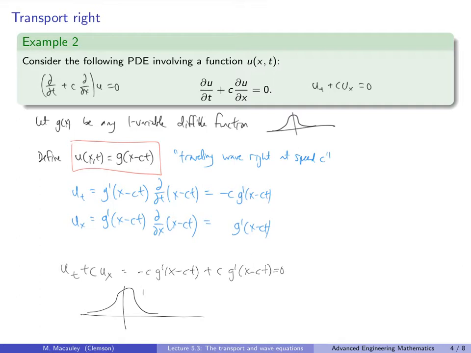So this is u of x, 0 equals g of x, and then at time t, here's ct out here, this is u of x, t, that's equal to g of x minus ct. And this is moving at speed c.